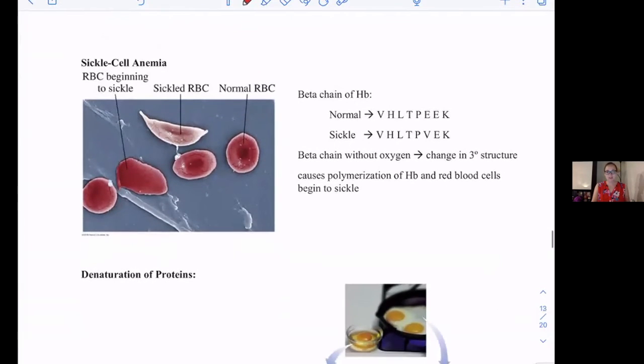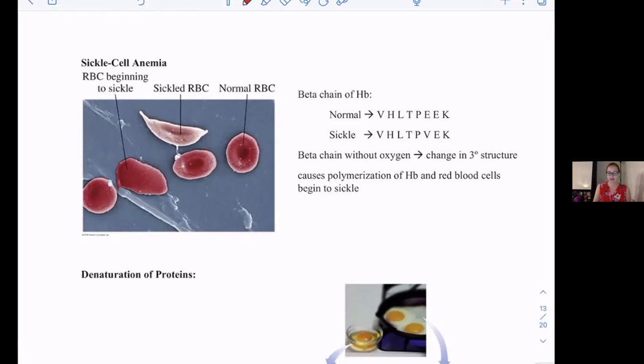Another example of this is sickle cell anemia. I learned a lot about this in my high school genetics classes, but never learned why this happened. You can see here in the picture, blood cells typically are these round O shapes. These are hemoglobin. We talked about it earlier. We have those 4 proteins all together.